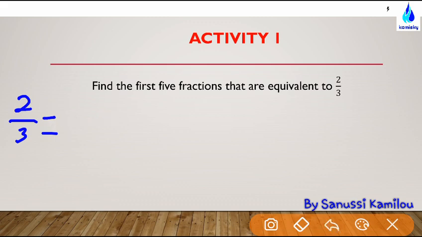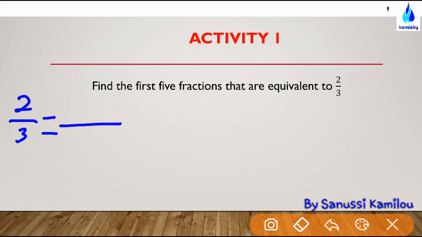Okay, don't forget, we said that we can make equivalent fractions by multiplying or dividing. By looking at this fraction here, it is in its simplest form, so we cannot divide, we rather multiply.